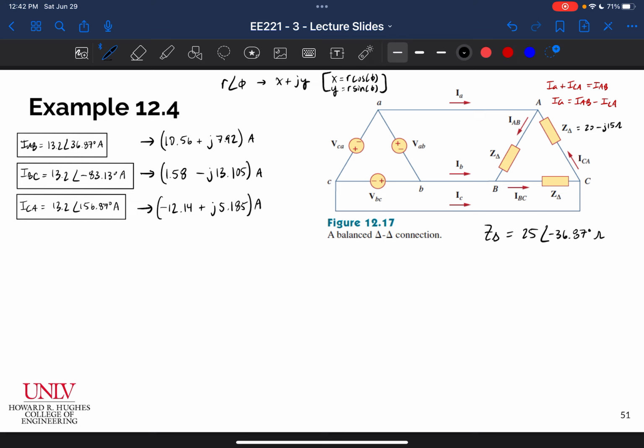Okay, and so let's go ahead and find IA. I put it into rectangular form so that we could quickly add or subtract values, right? Because it's not easy to do that with phasors. So for IA, I just determined this equation here. It's going to be IAB minus ICA, which we have here.